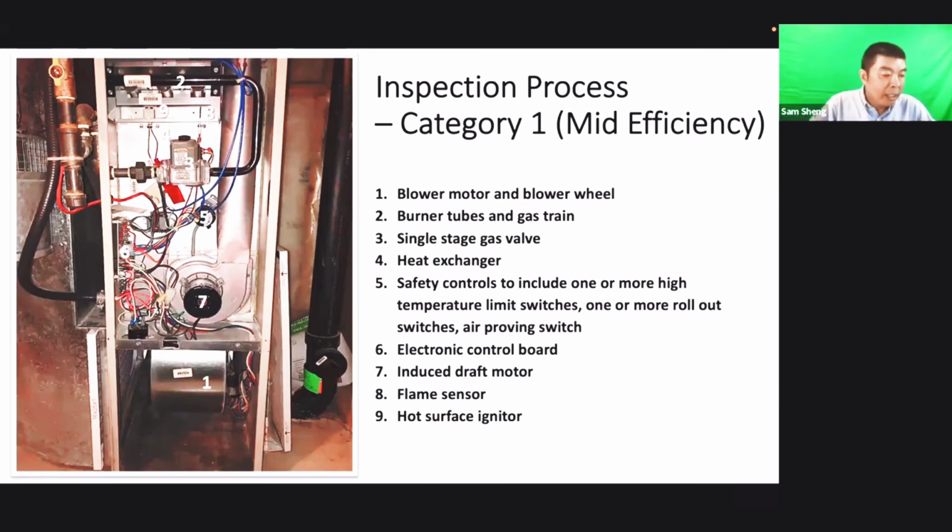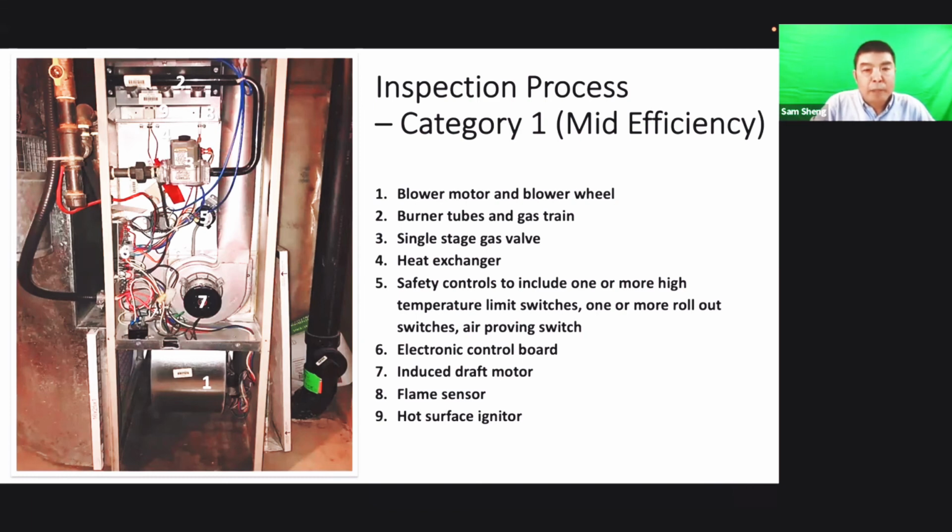The last big distinction between the category 1 and the mid efficiency furnace is the hot surface igniter, like this one. The hot surface igniter is in fact a safer way to ignite the furnace. Before, it was a standing pilot that always kept a small light on.